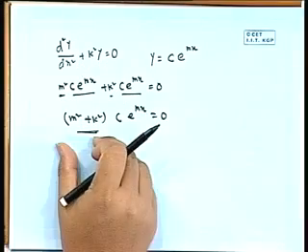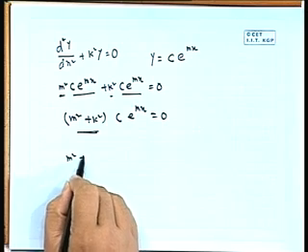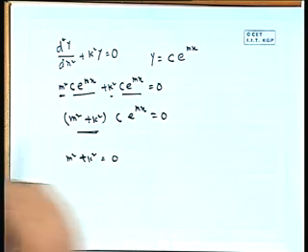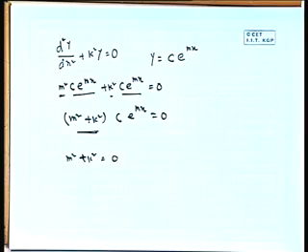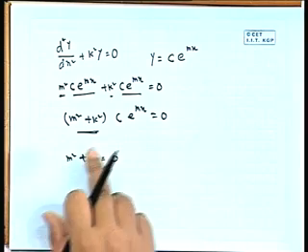That solution we are not interested in; we are interested in the other alternative, that this should be 0. So if that is 0, m square plus k square equals 0. Now, I was talking about why we took k square, not k, because here there is an m square, otherwise m should be the square root of this.